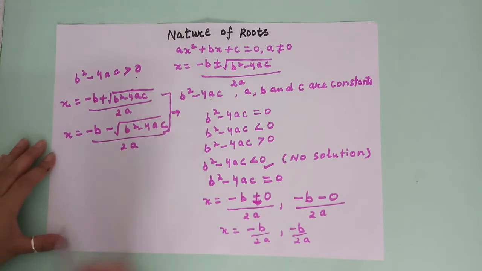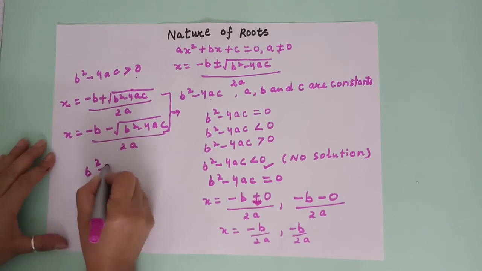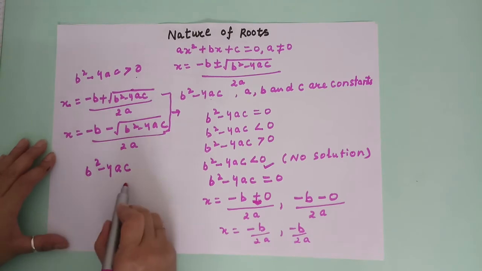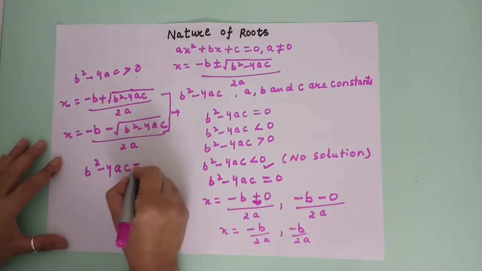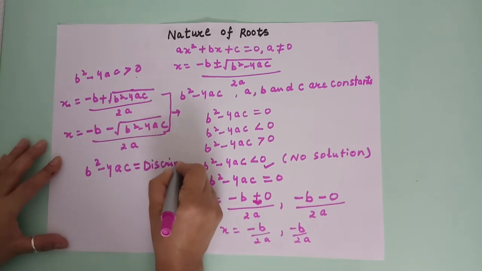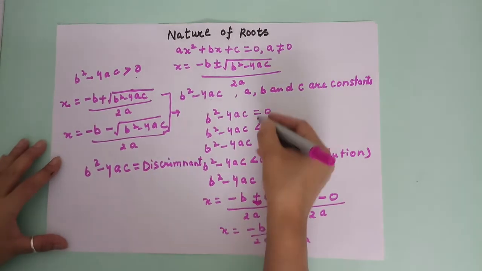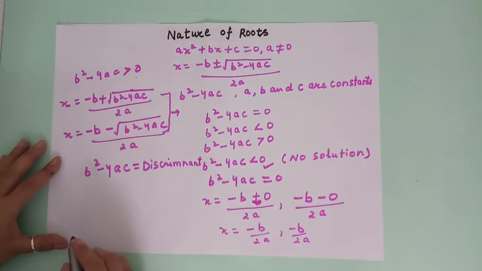Now let's talk about b² - 4ac again. This b² - 4ac is called the discriminant. And you have seen that this discriminant helped us to find the nature of the roots without actually solving the quadratic equation.